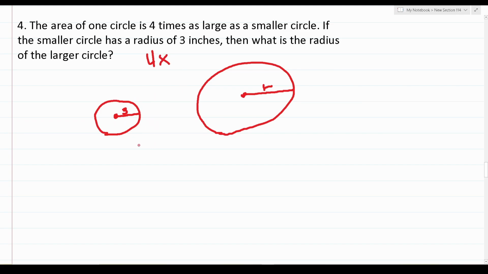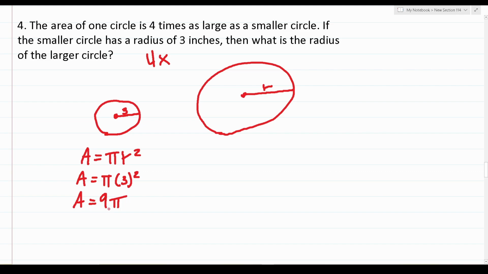So the first thing I want to do is figure out what the area of this smaller circle is. And again, to find the area of a circle, it's pi r squared. We know the radius of this small circle is 3, so this becomes area equals pi 3 squared. 3 squared is 9, so the area of this small circle is 9 pi.